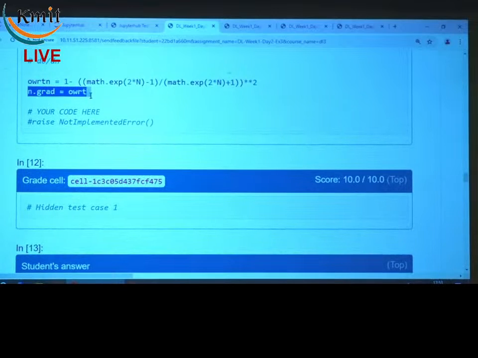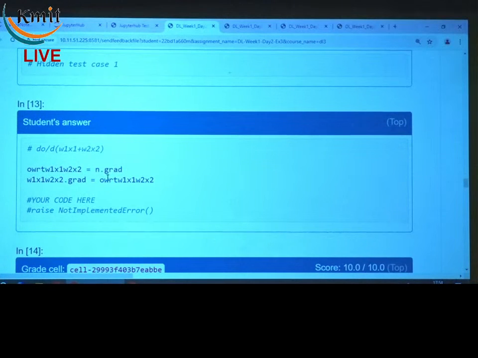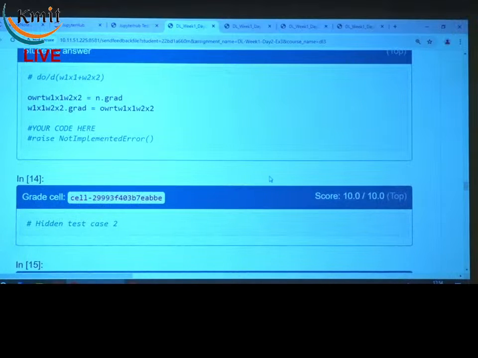Now from n, we go back to w1 x1, w2 x2. The gradient is the same, since n is nothing but w1 x1 plus w2 x2. There is no computation in between, so it goes as it is.